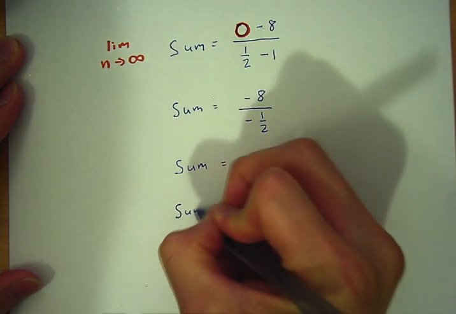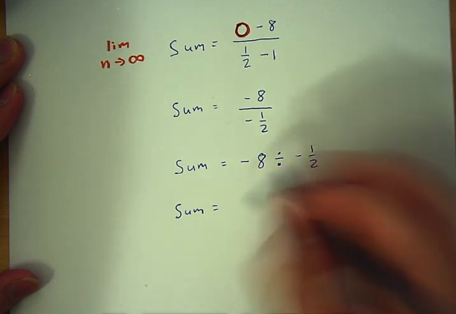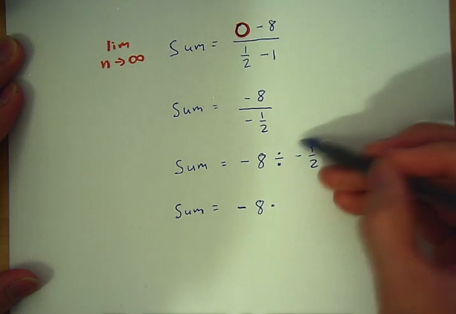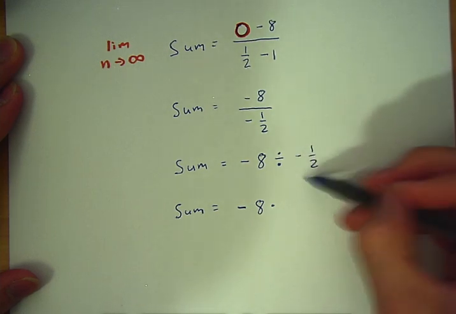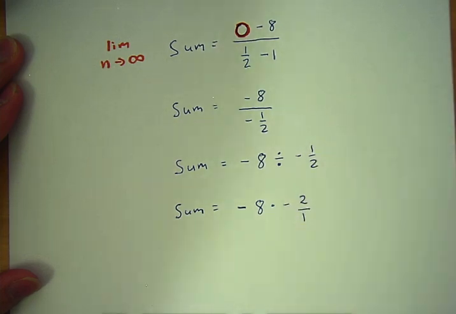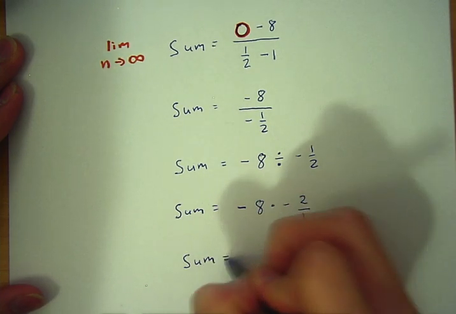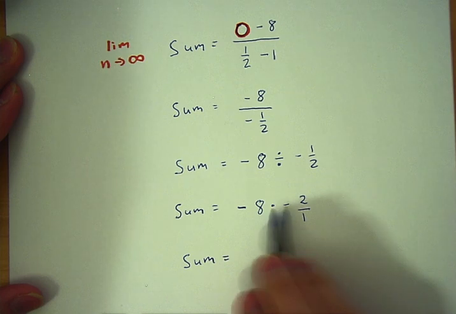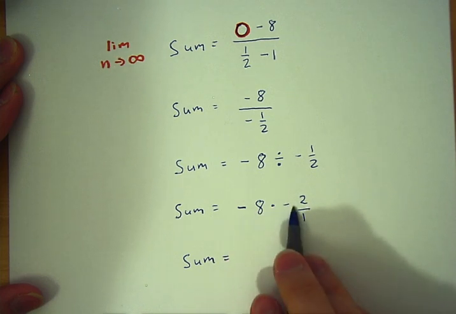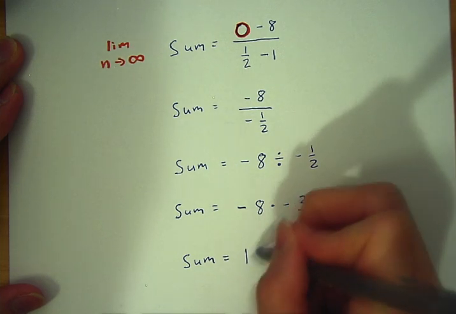To divide a fraction is the same thing as multiplying by this fraction turned upside down, or the reciprocal. So -8 times -2 divided by 1. -8 times -2 is 16. 16 divided by 1 is 16.